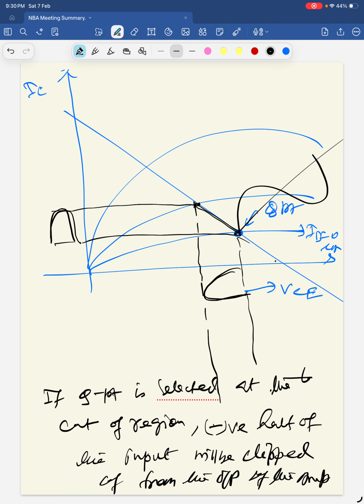So the conclusion is that if the Q point is selected nearer to cutoff, then the negative half will be clipped off at the output.